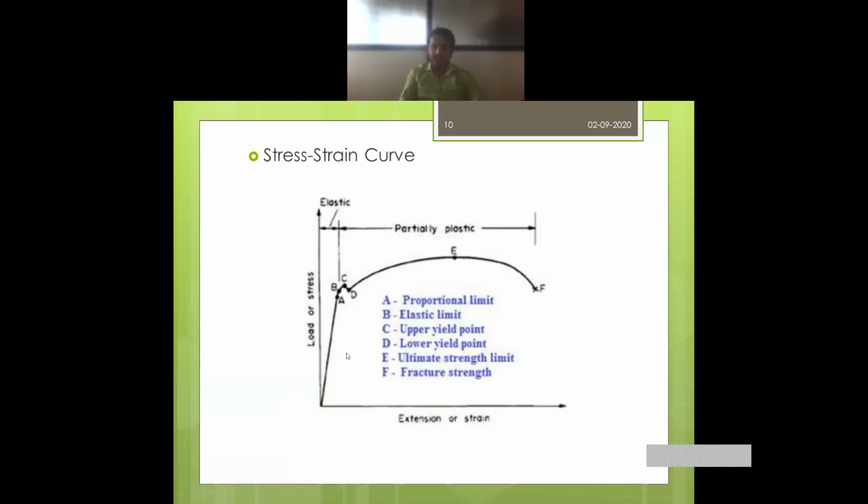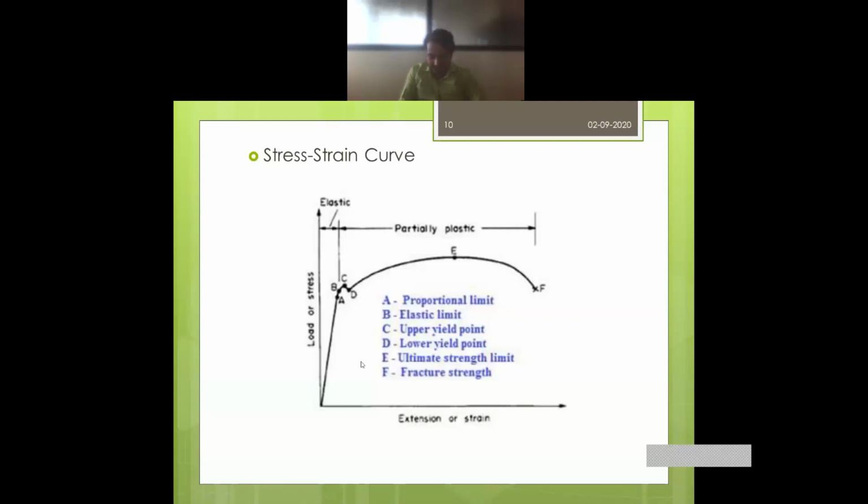In the previous class, we have studied that Young's modulus is a constant. How does it come? It comes from stress by strain. When we calculate stress divided by strain, we will get Young's modulus, which is a constant. This constant will only be applicable in the elastic state.